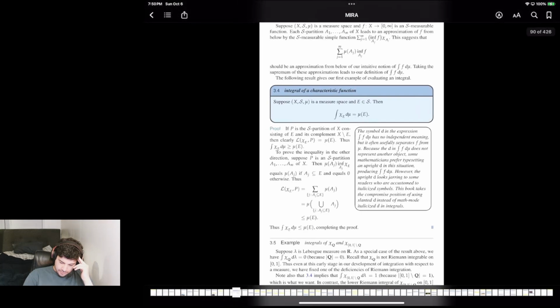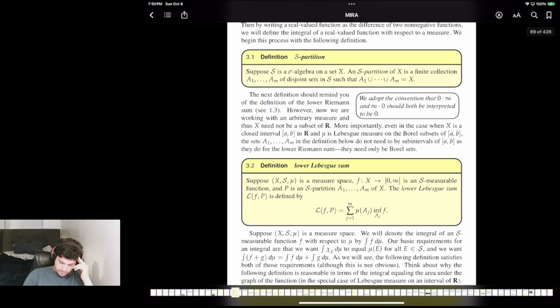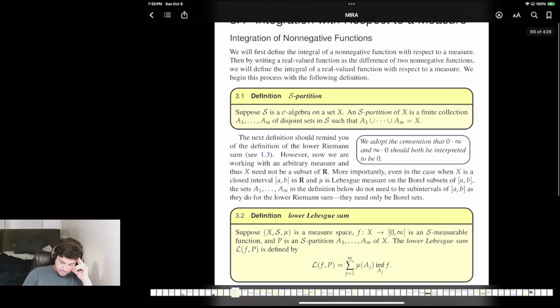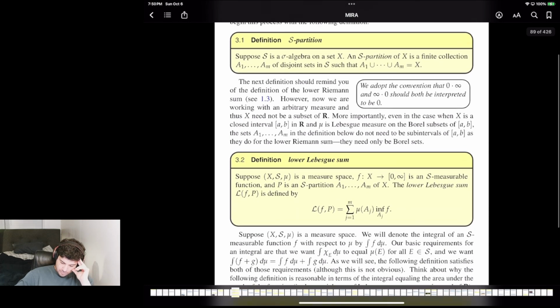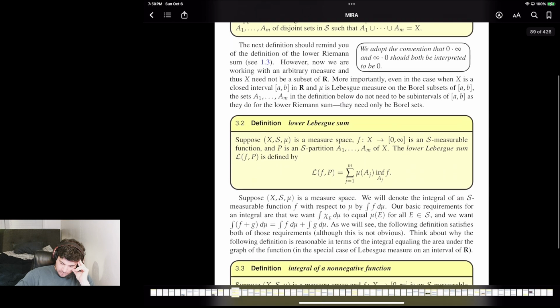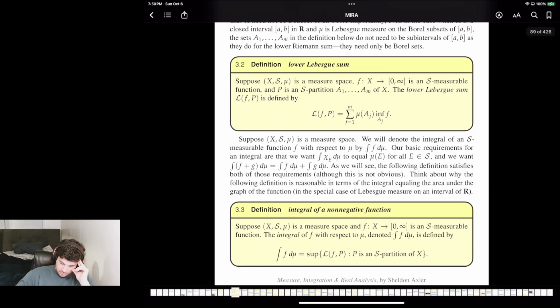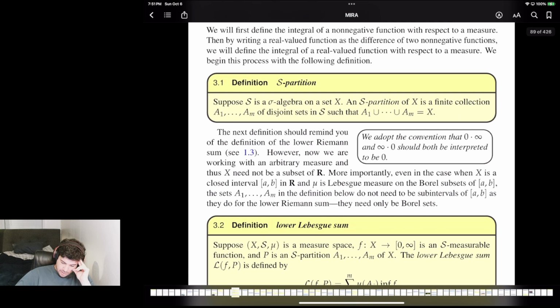Suppose P is an S partition. Suppose S is a sigma algebra on a set X. An S partition of X is a finite collection of... oh, they're disjoint sets.